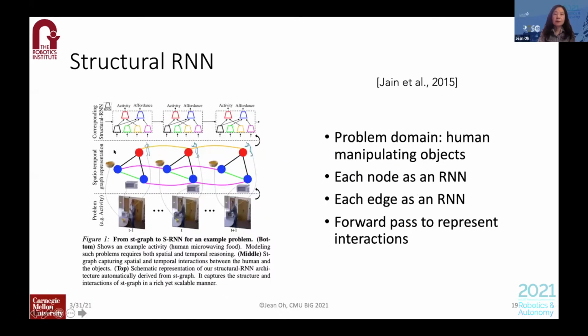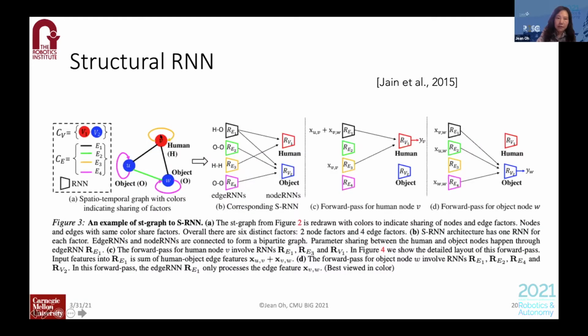Okay, so for social attention, we use the RNN-based method. There was a proposed RNN implementation called the structural RNN, which uses the spatial temporal dynamic graph. In their example, the problem domain was different. They were modeling a person manipulating objects, so the nodes include heterogeneous types.